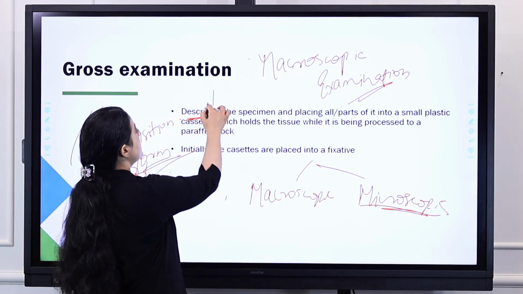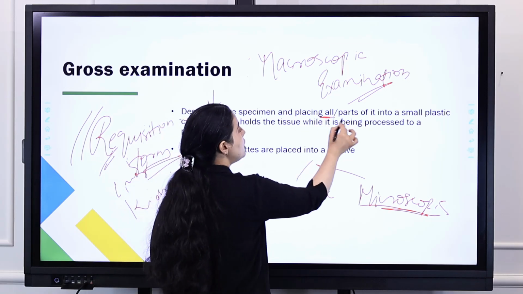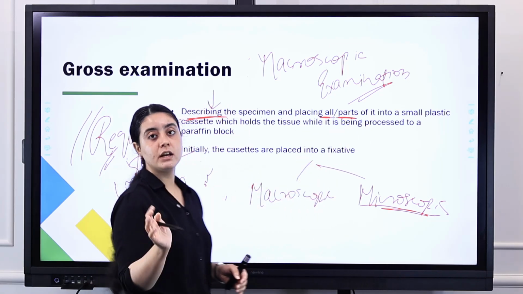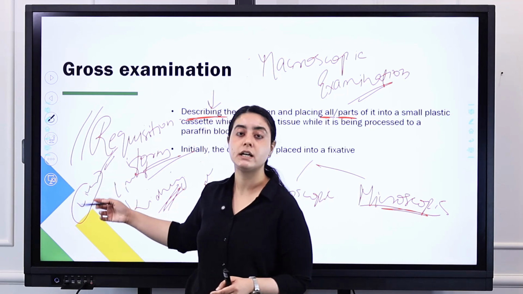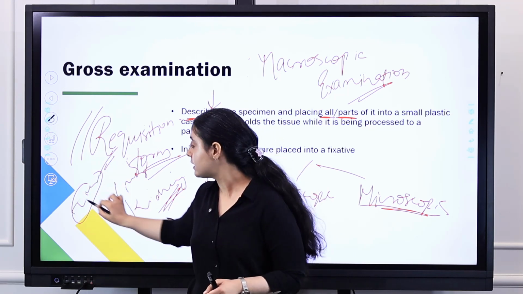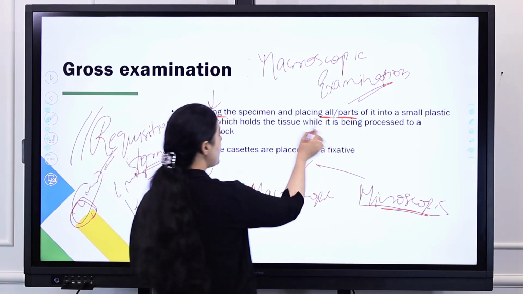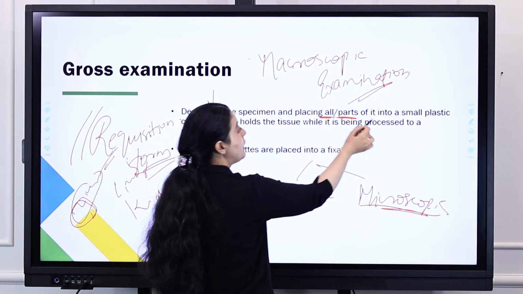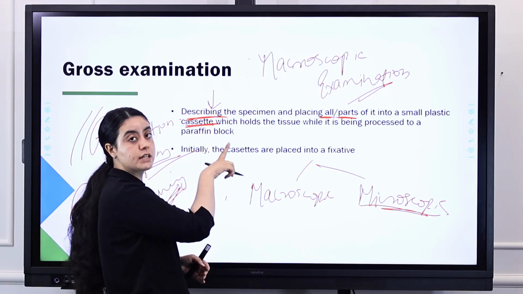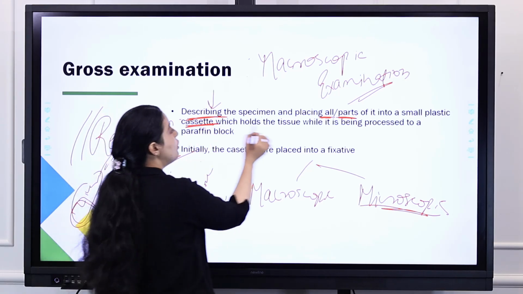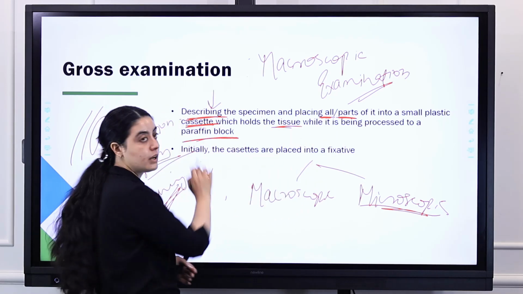So what is gross examination? Describing the specimen and placing all or parts of it, right? Either we can receive the whole organ, suppose liver or kidney, or we receive a certain part of the liver, right? So we have to describe it and place all or part of it into a small plastic cassette, which we have seen in the embedding section, which holds the tissue while it is being processed to a paraffin block, right?